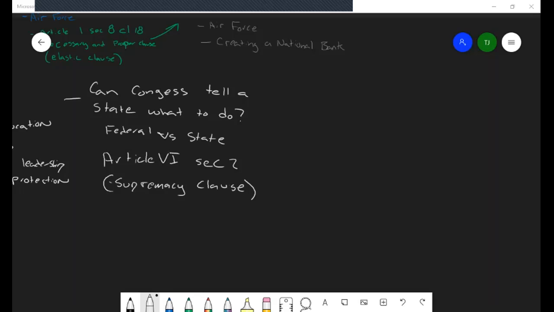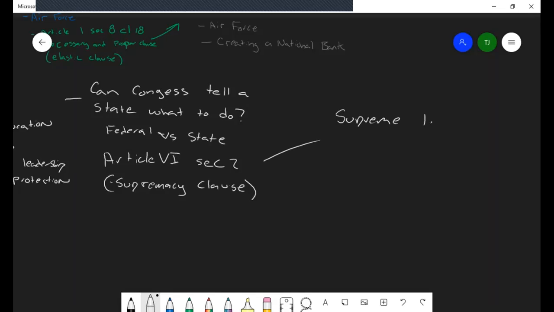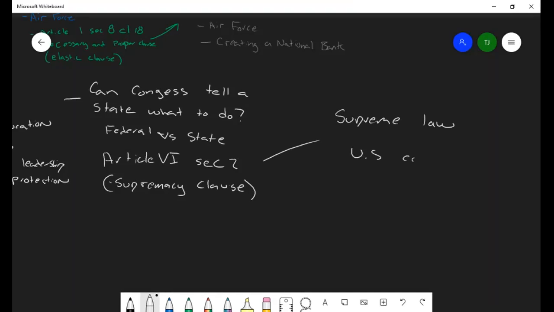It means that the supreme law of the land is the U.S. Constitution. Now, does that mean that federal law is more important than the U.S. Constitution? No. The judges in every state shall be bound thereby, anything in the Constitution or laws of any state to the contrary notwithstanding.